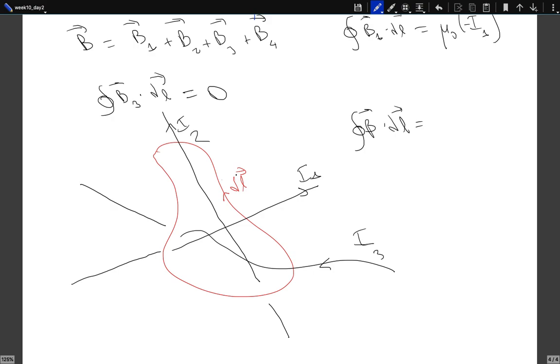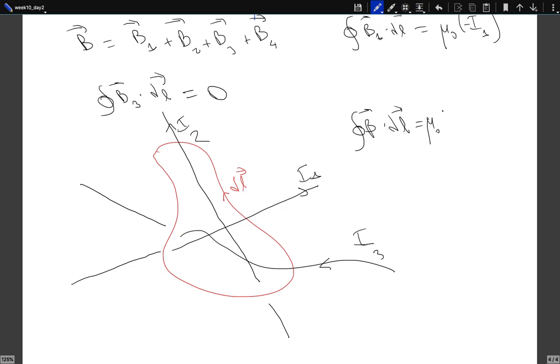So let's see, the integral of B dot dl is mu 0 times, well, I3, is it a positive current or negative current? Because it comes somewhere over here, it enters the area and continues like this. So it is the negative current, because we said the positive current is in this direction.